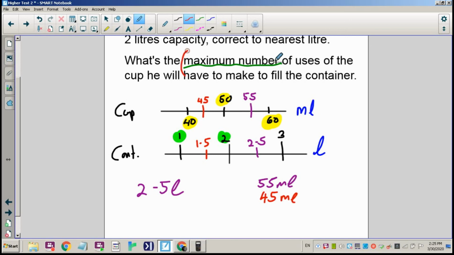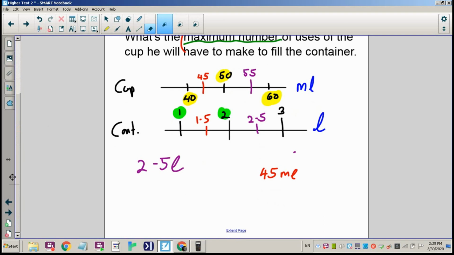Well, I'm trying to find the maximum number of uses of the cup. So if the cup's got the smallest amount, I'd have to keep filling it up more than if it had the largest. So I'm going to assume that the cup's at its worst, at its lowest capacity, 45 millilitres, and that the container is at its maximum capacity, 2.5 litres.